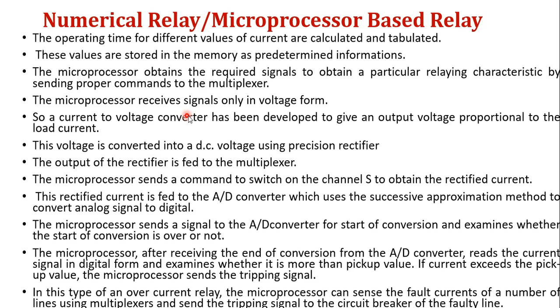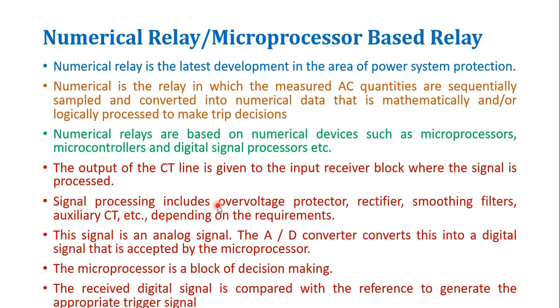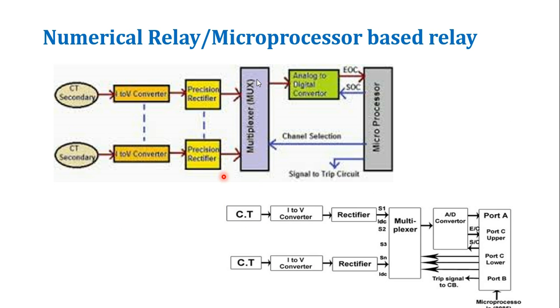The microprocessor receives signals only in voltage form. So there is a current to voltage converter, and the current is converted to voltage in proportion to the load current. This voltage is converted to DC by using the rectifier, as we explained in the diagram, and it is given to the multiplexer.